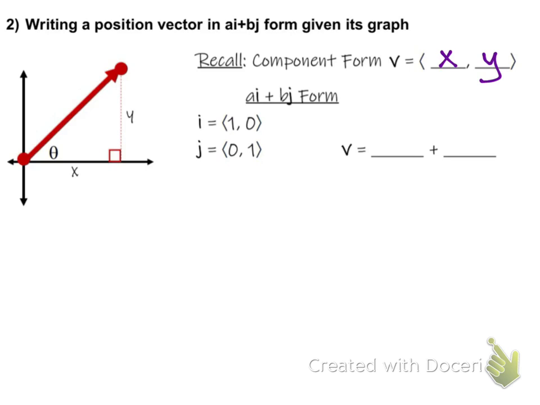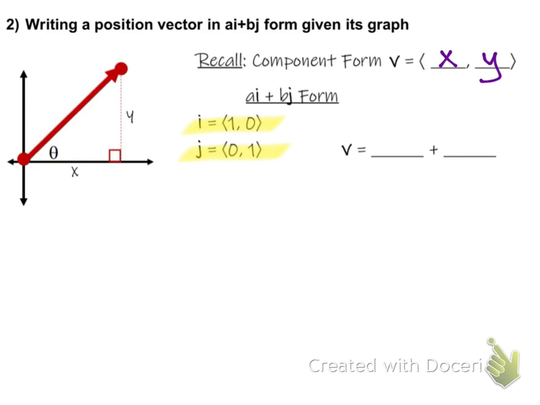Well, in ai plus bj form, we talk about i as being the vector that has a horizontal component 1 unit to the right, and j as being the vertical vector that travels 1 unit up.